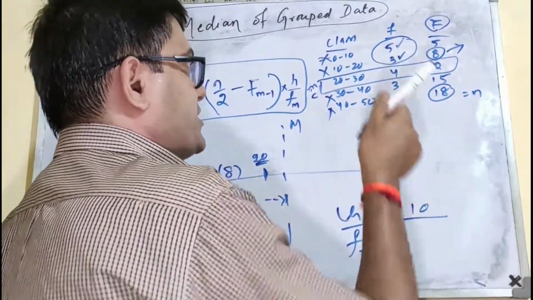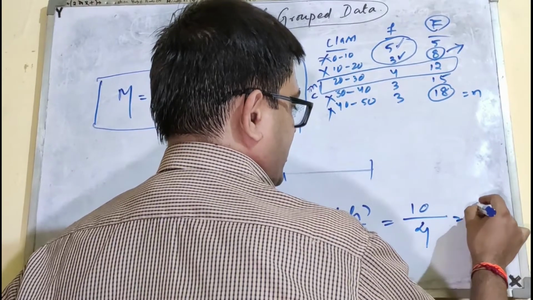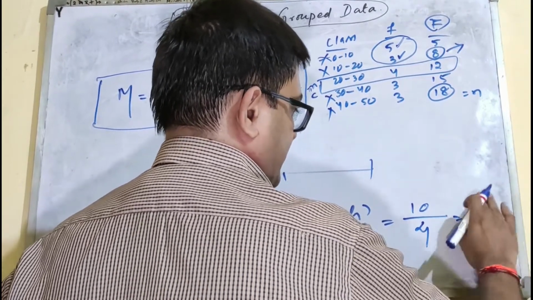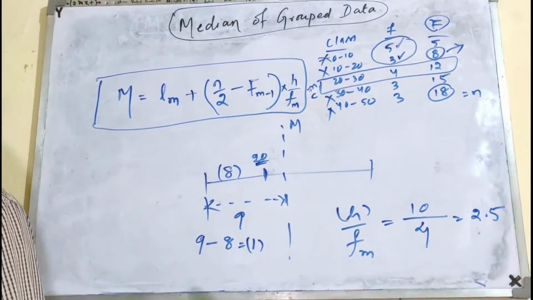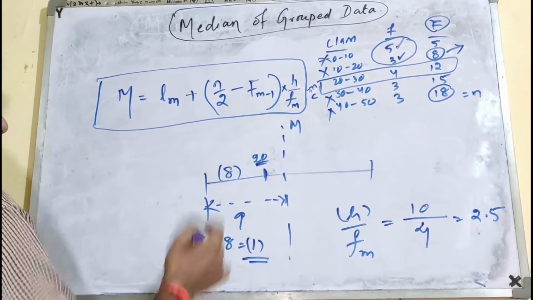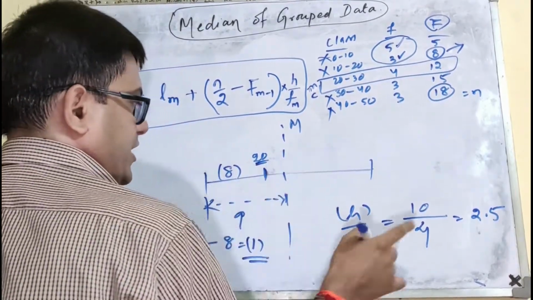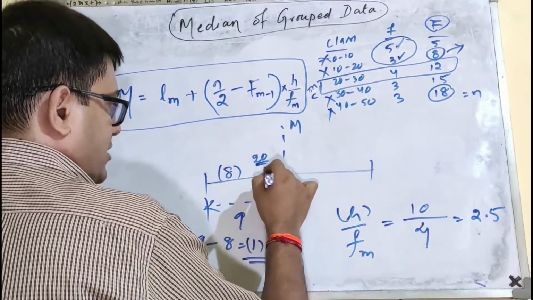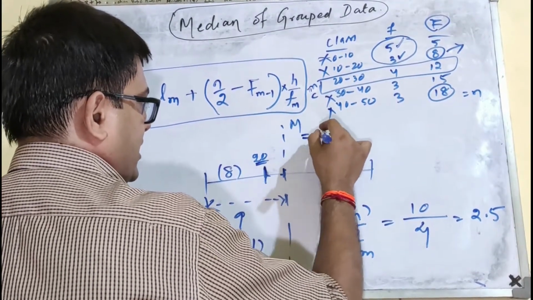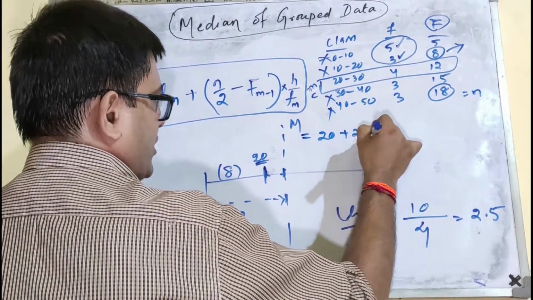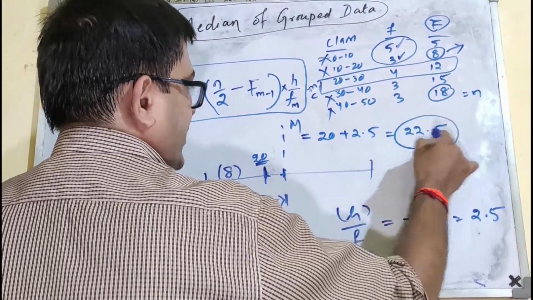That means 4 data points exist in that class. So each spacing is going to be 2.5, and we have to count just one spacing from 20. So this gives us the median as 20 plus 2.5, which is 22.5. So that is the median.